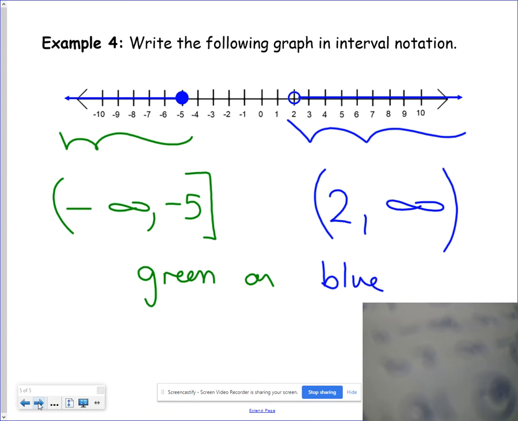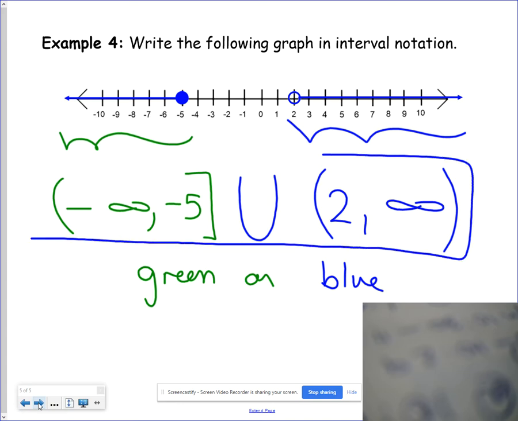So up here, the way I shade it, it's either in the green area or it's in the blue area. So I'm using the word or. So how I write this in interval notation is I would use the union symbol. I'm going to union these two sets of solutions. So that would be the interval notation. That's all the solutions represented by the graph above.